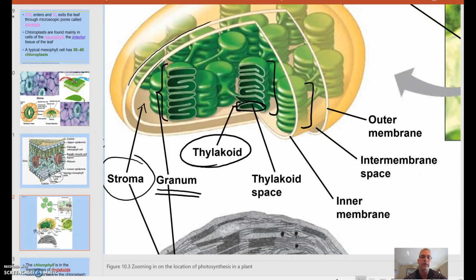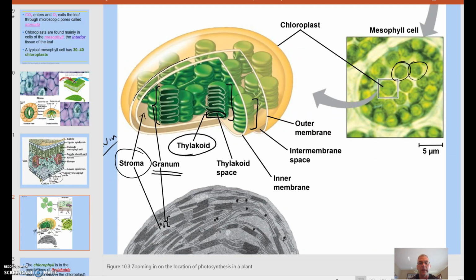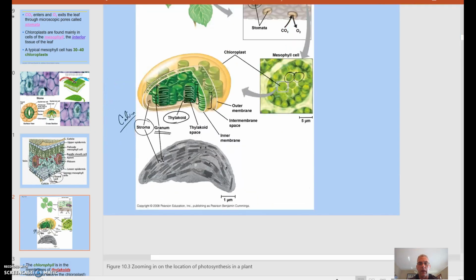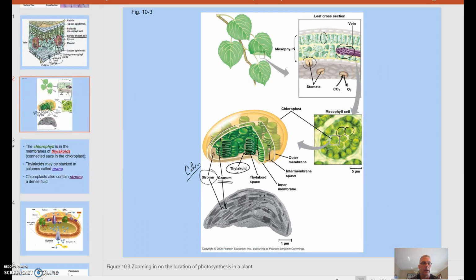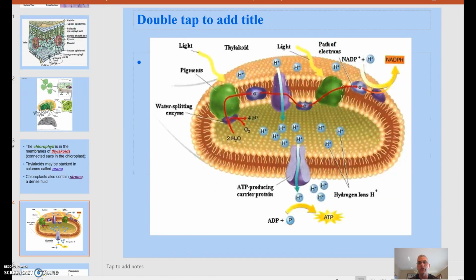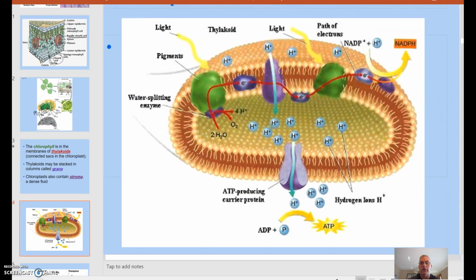So when you hear or read the term granum, what that's really looking at is the stack of thylakoids working together to set things up. If we zoom in a little bit further, this particular picture shows a depiction of what the thylakoid looks like.